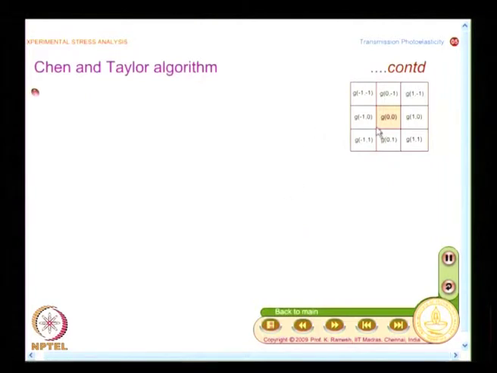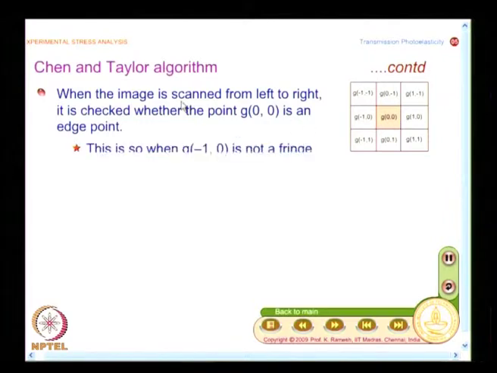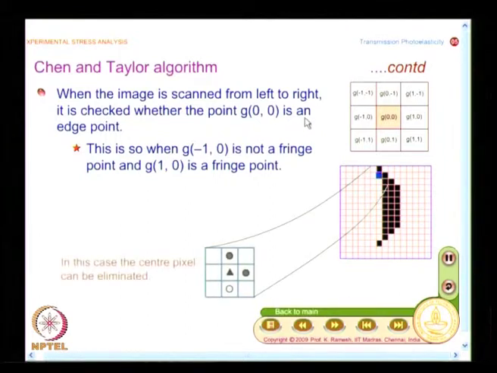And what I have is this is the pixel that is under consideration, and the image is scanned from left to right, and I want to find out whether the pixel z0,0 is a border pixel and do I have to retain or eliminate.